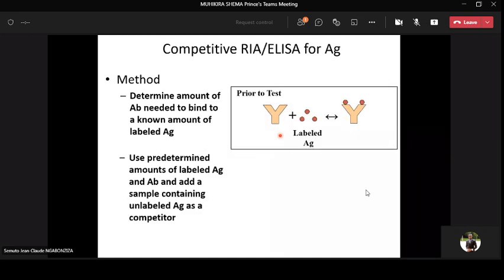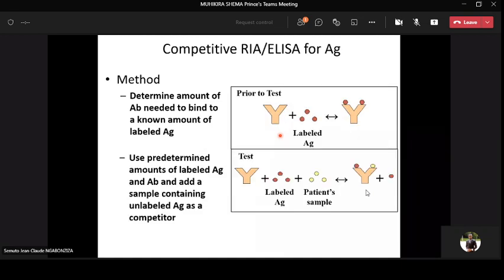So we have competitive ELISA for antigen, where you can have the antibodies and labeled antigen, and you can see whether your labeled antigen remains in the coated well, and this is mostly on your reagent side.